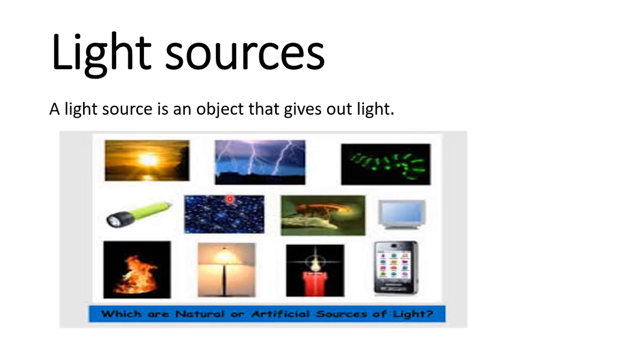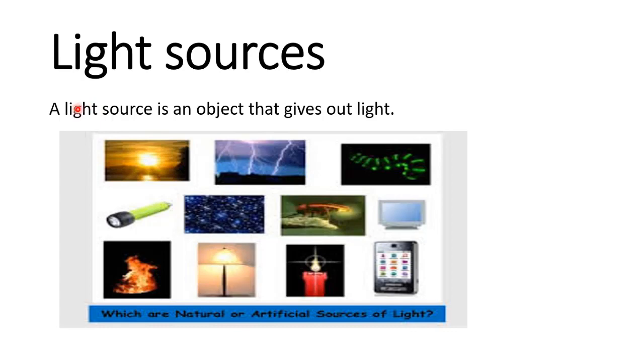So in this topic we are starting with light sources. In our everyday life, we use light, and this light comes from different sources. So what is a light source?